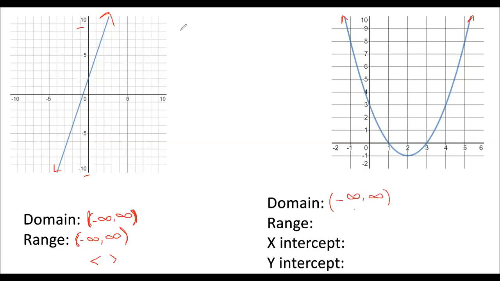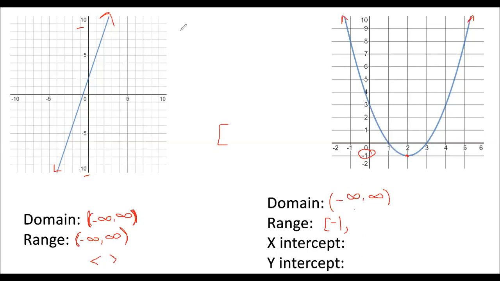However, our range is a little bit different. We don't have any points below this vertex, and this vertex is at negative 1. So that's the lowest y value that we have. So we're going to start at negative 1, and we want to use a square bracket because negative 1 is an actual point, so we want to include it.